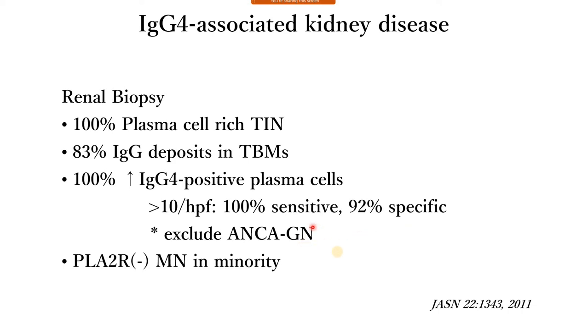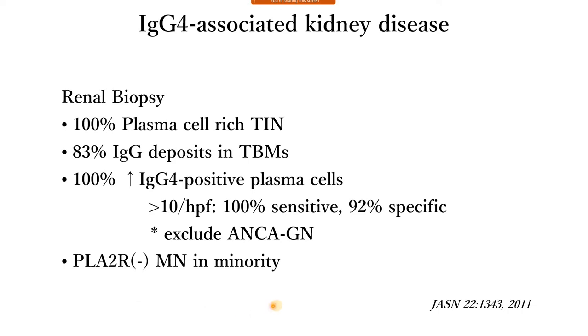However, we need to exclude one entity, which is ANCA-associated glomerulonephritis or crescentic glomerulonephritis, because ANCA-associated crescentic GN often shows severe interstitial inflammation with more than 10 IgG4-positive plasma cells in the interstitial areas. We don't know why, but we need to exclude this entity.